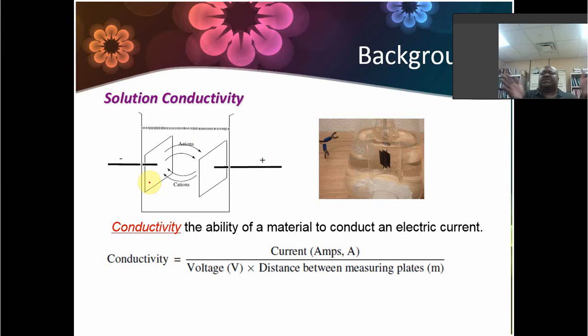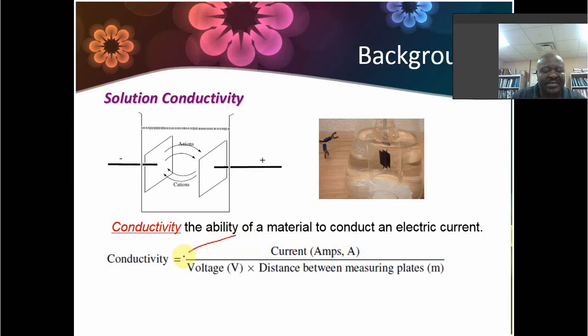It turns out that distance matters. The closer you place these plates, the higher the conductivity. So we must agree on the distance. Let's look at the SI units: amps, voltage, and distance in meters.